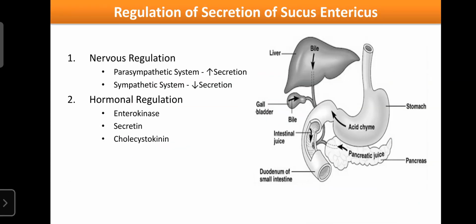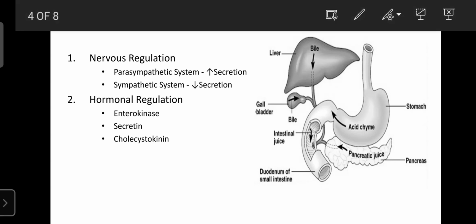Next, regarding the regulation of succus entericus or intestinal secretion, it is regulated by two mechanisms. One is the nervous regulation. The parasympathetic nervous system increases the secretion when it is activated by the cerebral cortex through the ANS.